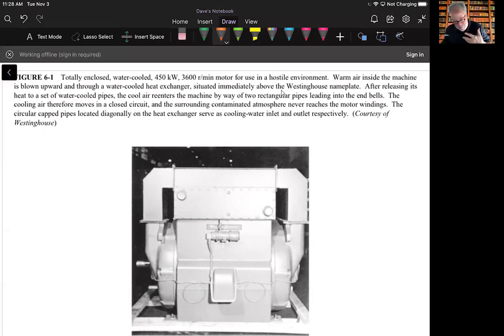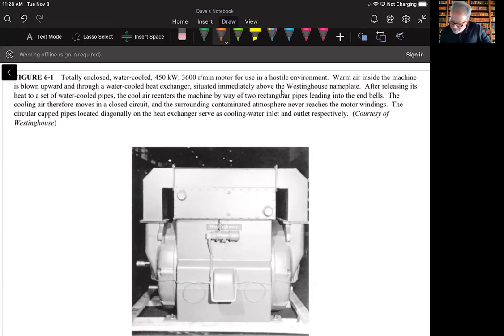More specifically, what we're going to call the insulation, because that is where damage can happen. And we're going to look at insulation classes and see how that determines the classification of the motor.